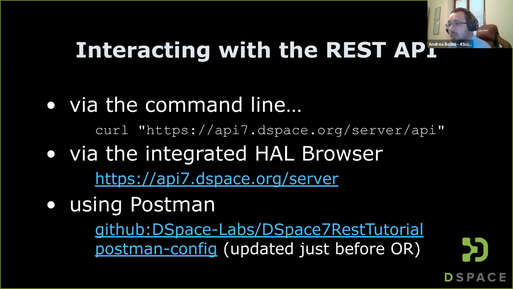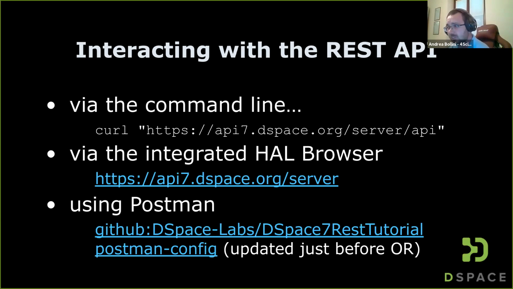But in our web application, we also have embedded another open source project named the HAL browser. That is a small, lightweight JavaScript application that allows you to interact with our API.